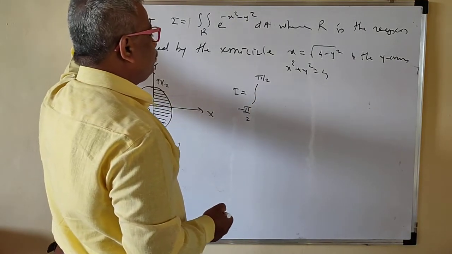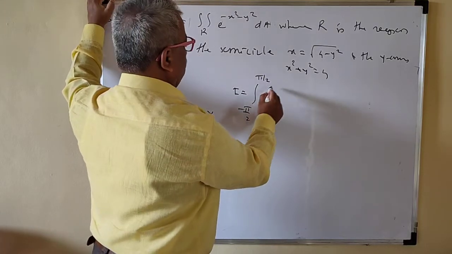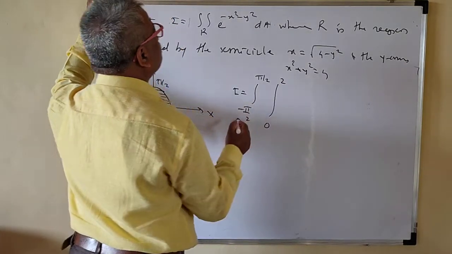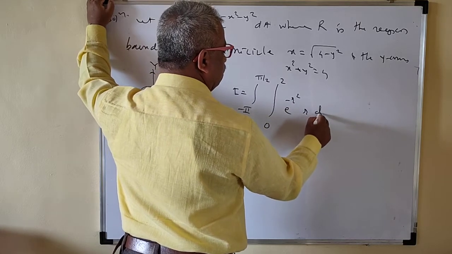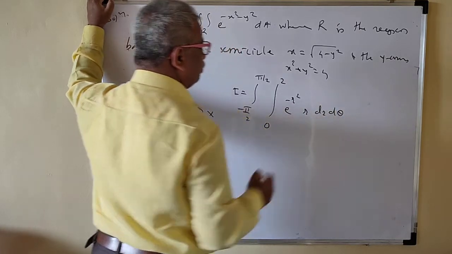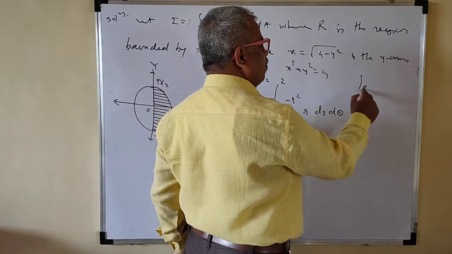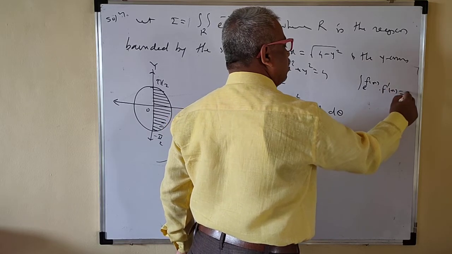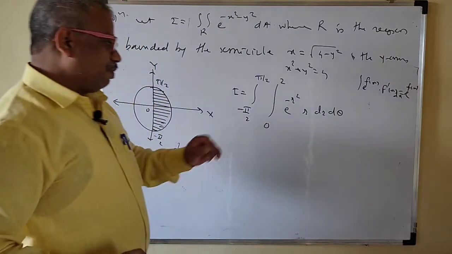Now the radius is 0 to 2, no problem for the radius. So e raised to minus r square, r dr d theta. Again see that the integration of e raised to f(x) into f dash x is equal to e raised to f(x), so we'll apply that formula.